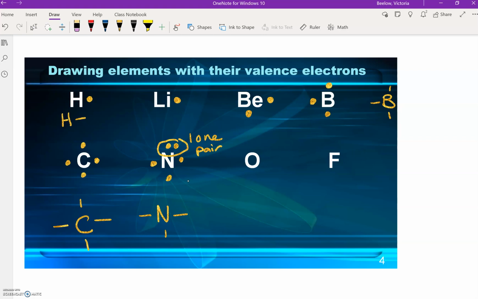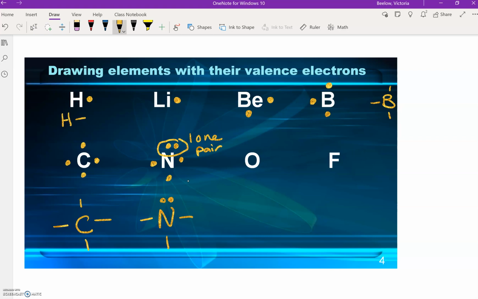Again, it could be drawn like this, or it could be drawn like this. And I didn't show you this with carbon, but you could also even draw it like this. Okay. Again, when we get to covalent molecules and Lewis dot structures, this will make a little bit more sense. For now, I'm just going to leave it like this.